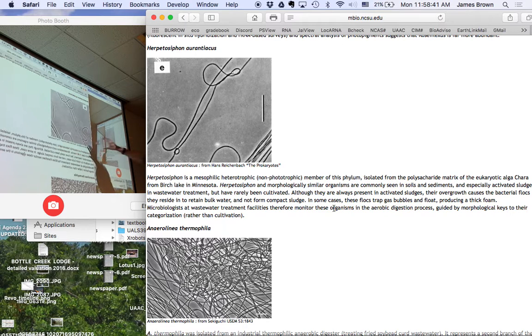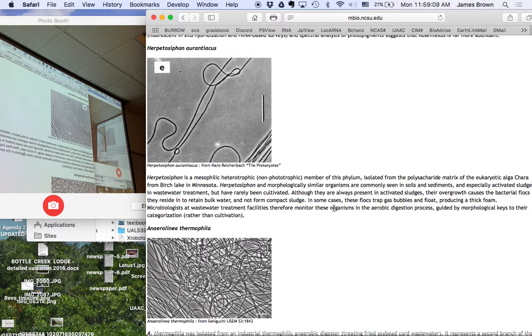These filaments are really, really important both for the flocculation of that sludge and for it to settle to the bottom. And depending on circumstances, if you don't have them, the sludge won't settle because it won't flocculate. Or if you have too much of them, the filaments trap bubbles of gas and cause the sludge to float instead of sink, and that creates a nightmare for treating the stuff.